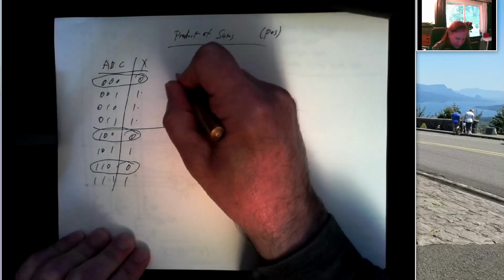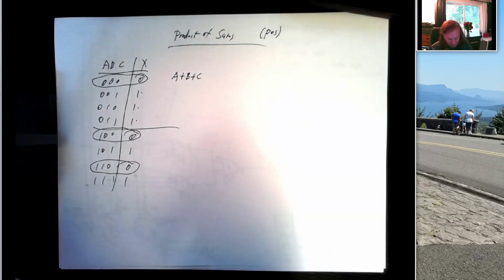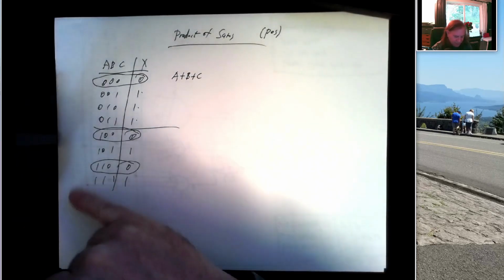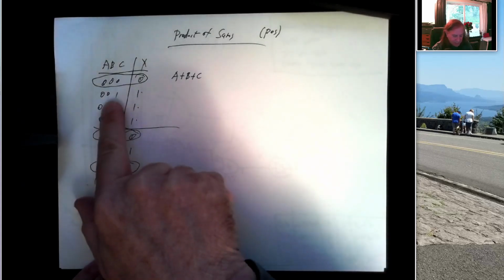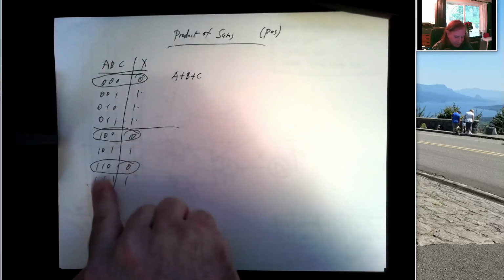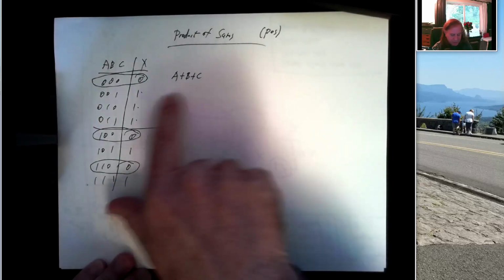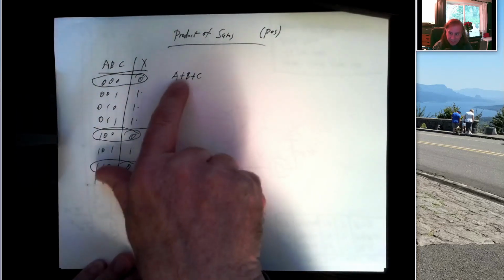And the expression here would be simply A or B or C. And if we're in any other row, this expression is going to be a 1, right? Because in any other row, either C or B or A, or maybe multiple of these variables will be 1, this will be 1. But in this first row, this OR expression, this sum, will be exactly 0.